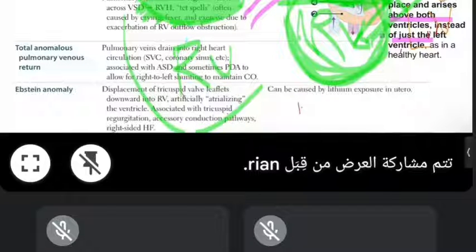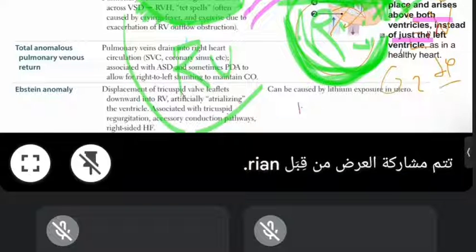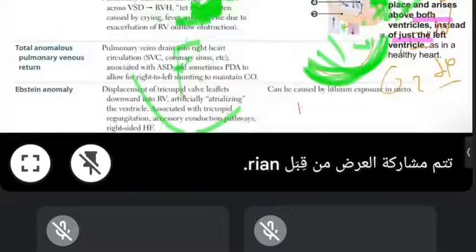Now, from the left ventricle, it also needs a defect between these two ventricles in order for this deoxygenated blood to go to the pulmonary artery through the right ventricle. So you need to have ventricular septal defect. Okay? So that's it about the tricuspid atresia.